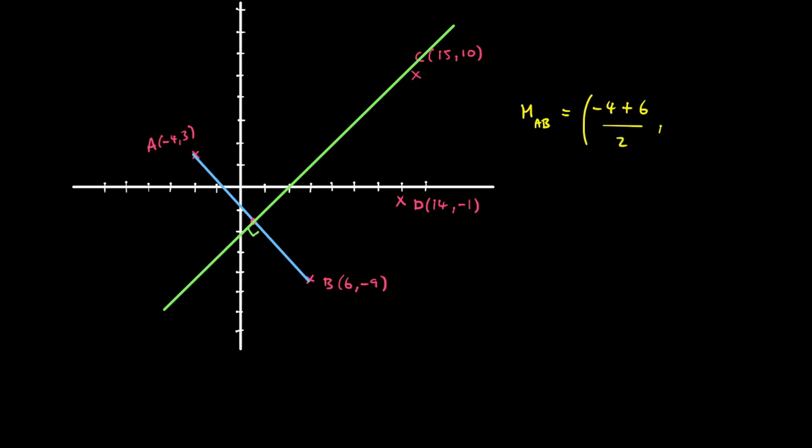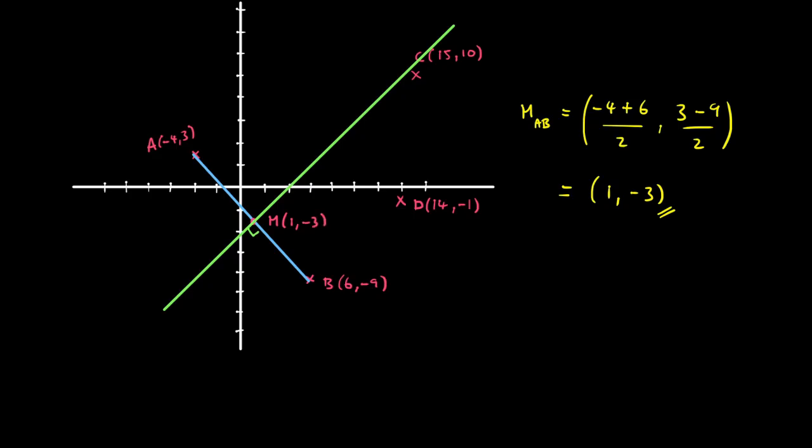And we add up the two y coordinates, so it's 3 plus -9, and we divide by 2. And -4 plus 6 is 2, divided by 2 is 1. And 3 minus 9 is -6, divided by 2 is -3, right? So the midpoint of AB is 1, -3, and that looks about right on my sketch, so that's good.